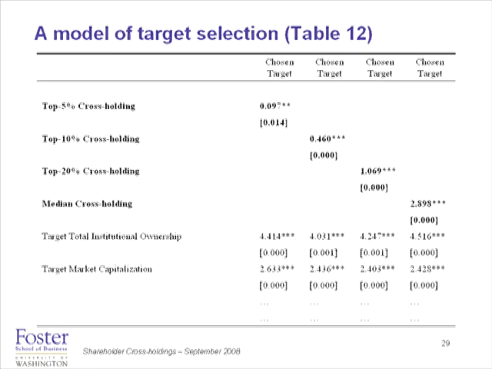In the table that you have, you can see all the other control variables we have for target selection, and we see that in all the cases, however we measure cross holdings, the firm that has the higher cross holdings is more likely to be the one that you choose as the target.